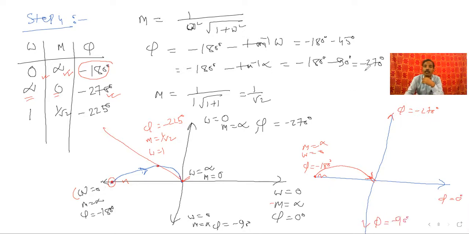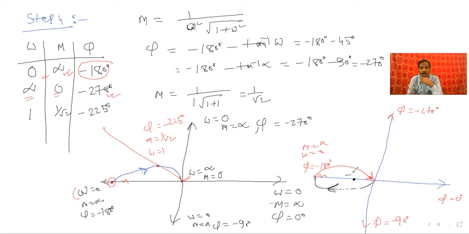Then what is the Nyquist plot? Just the mirror image. So this is the Nyquist and closed loop.